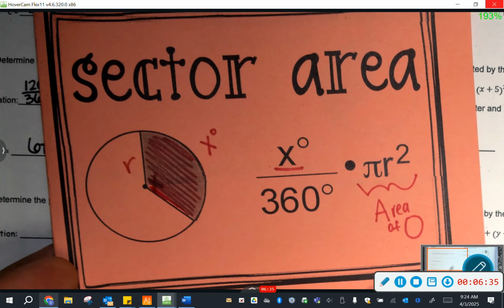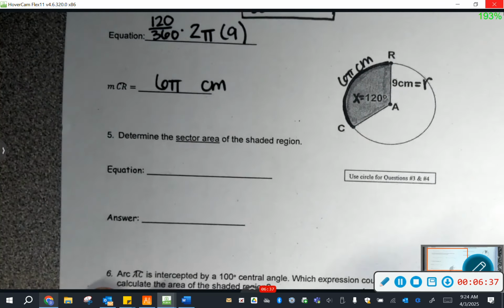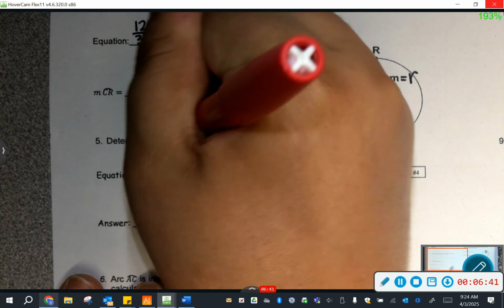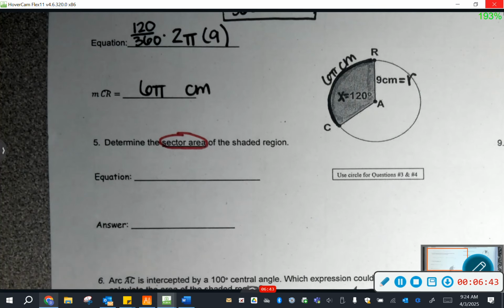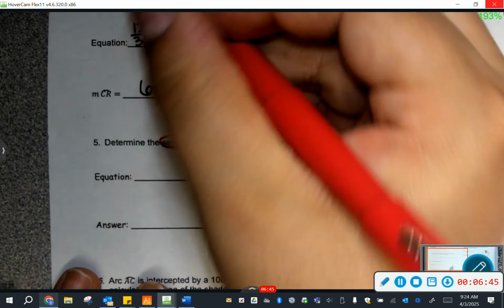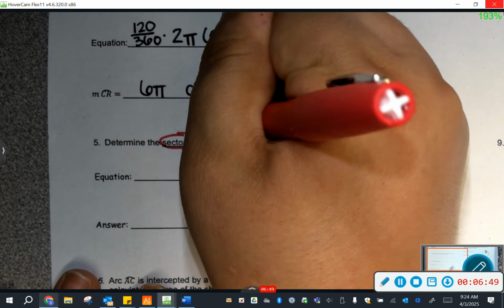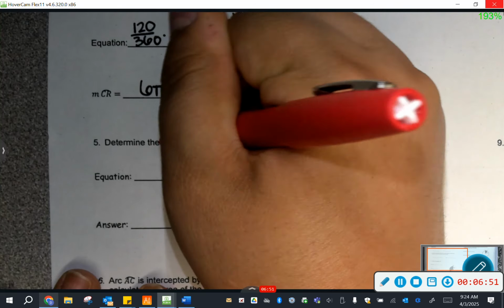Okay. So going back here, question 5. Find the sector area. It's going to say something about sector area or area of the shaded or something like that. You are going to do x over 360 times pi r squared.